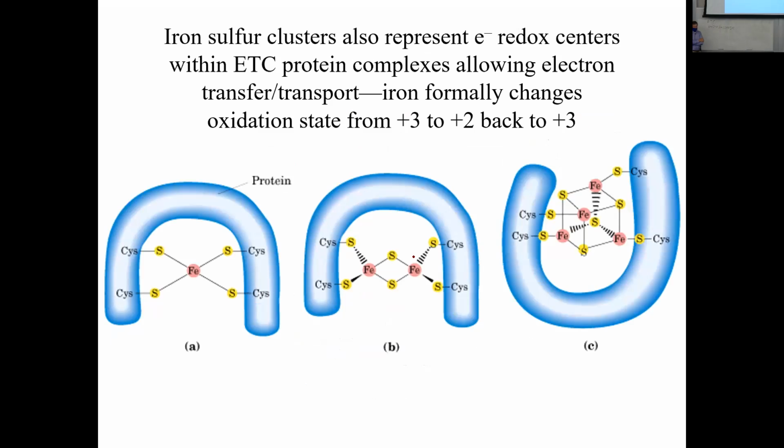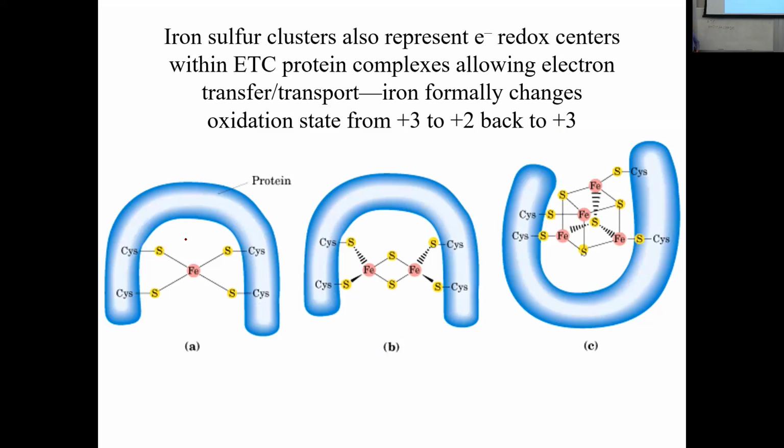And we also, again, will see iron sulfur clusters. We saw these as part of aconitase. There, it was part of the active site and was able to stabilize the intermediate. But here, these have the sole function of moving electrons through a protein complex from a donor molecule such as NADH to a recipient molecule such as ubiquinone to become ubiquinol.